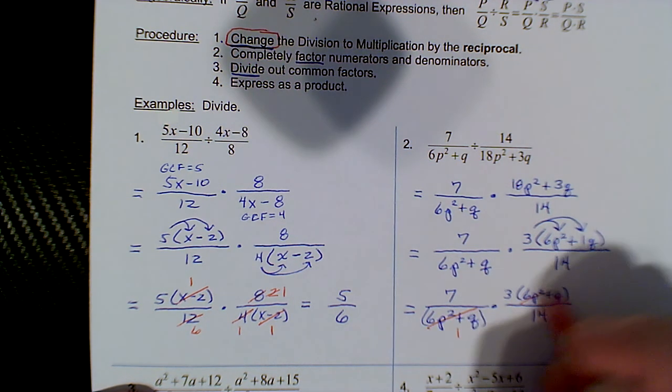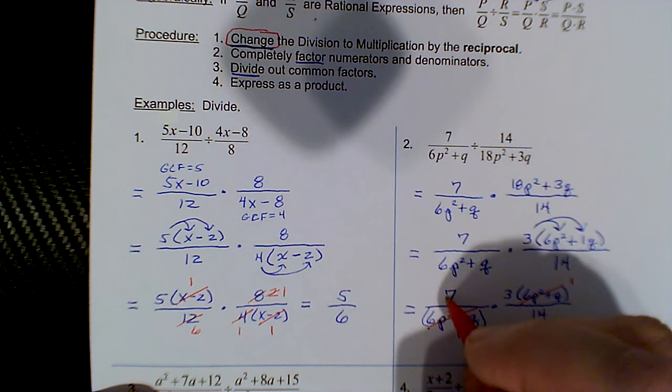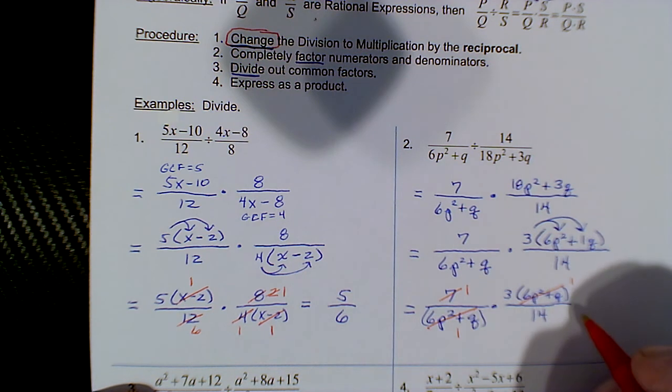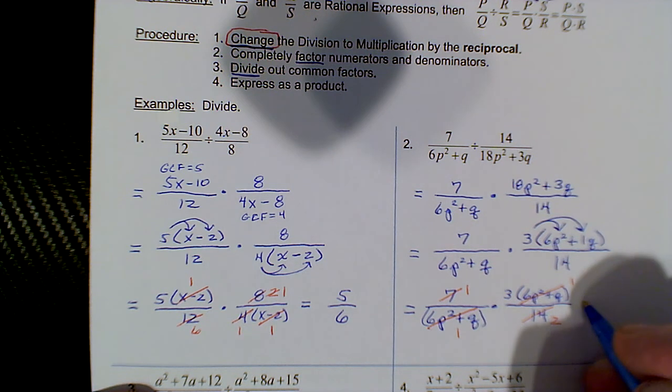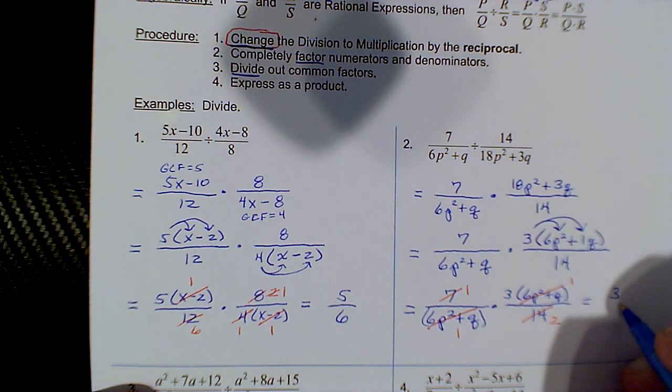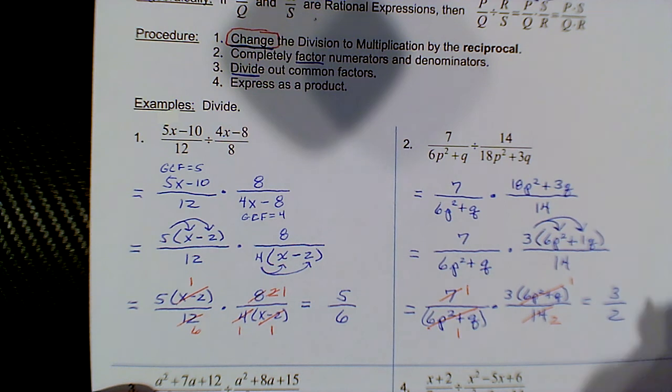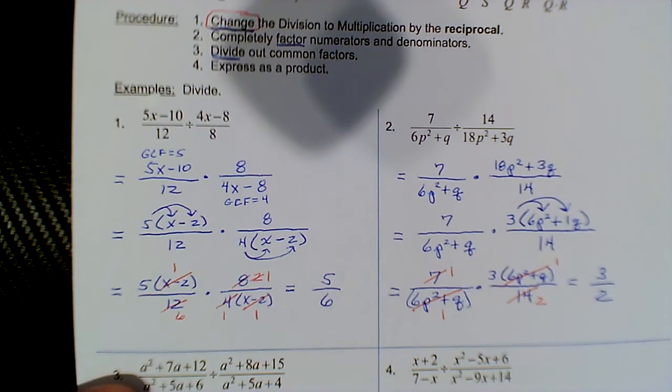One's in the numerator, one's in the denominator. 7 and 14 cancel. 7 goes into 7 once, into 14 twice. And it looks like the only thing that's left in the numerator is a 3. And the only thing that's left in the denominator is a 2.